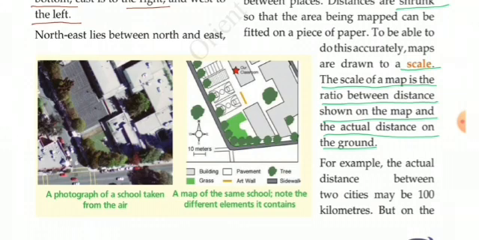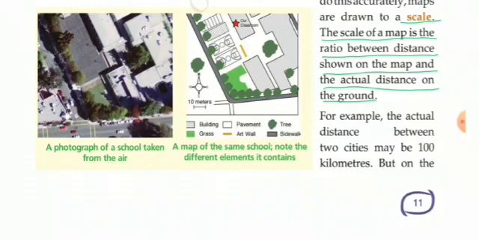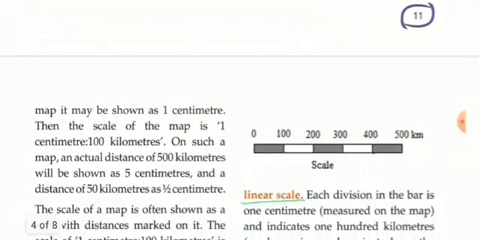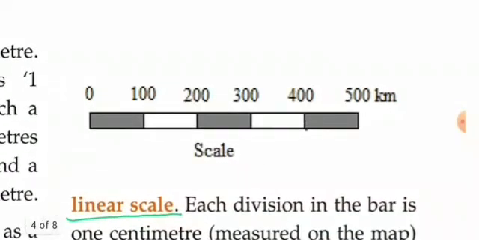Then the scale of the map is 1 centimeter is 100 kilometers. Each division in the bar is 1 centimeter and indicates 100 kilometers on the ground.